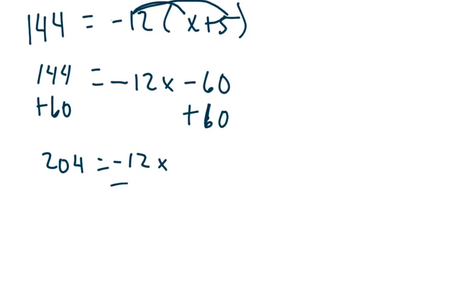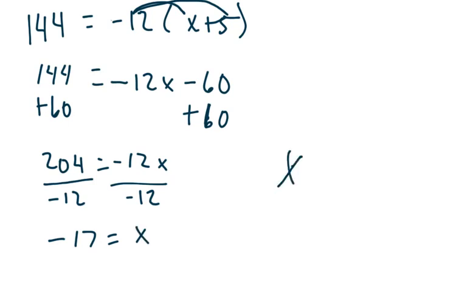We're going to divide by, again, remember the negative 12. So 204 divided by negative 12. A positive divided by a negative gives me a negative, and those two numbers divided together give you 17. So negative 17 equals x. When I write my solution, I put x equals first, so x equals negative 17.